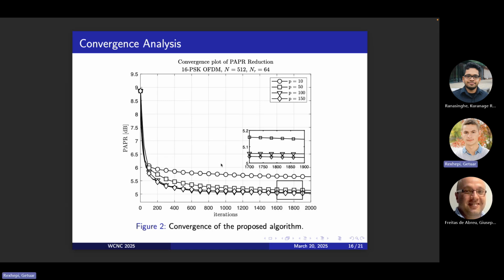Of course, here the reserved tones were chosen. You can choose the reserved tones to be randomly allocated or via some scheme. In this case, I chose every 8th subcarrier to be a reserved tone. So it would be 1, 8, 16 until 512.